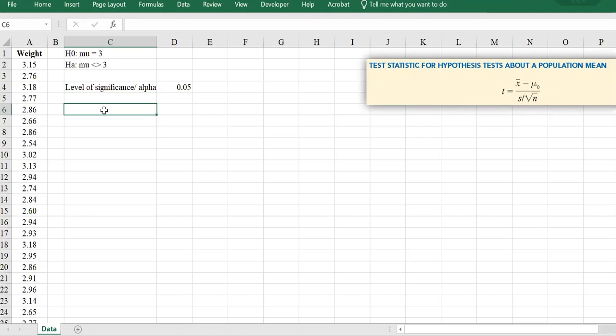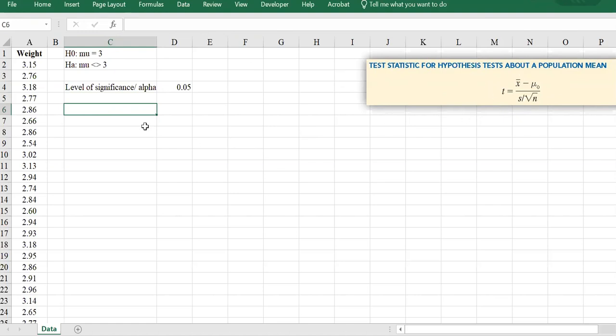Step 3 is to find the test statistic. For the test statistic, there are some ingredients we need: the sample mean, and we already have the hypothesized value, mu 0, which is 3. We need the sample size and the sample standard deviation.